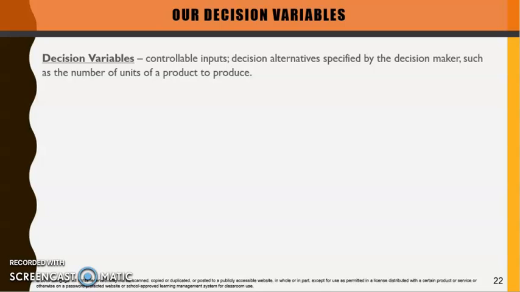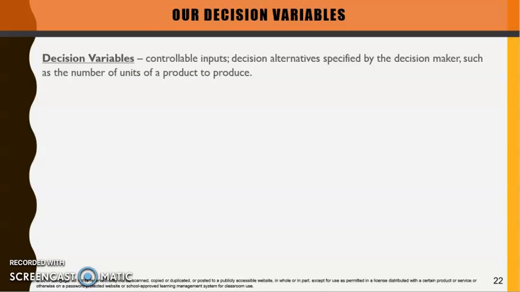What are those decision variables? Those controllable things that you can control, that can contribute to your objective function, and it is something that you want to hear. You want the model to specify for you. What is that?